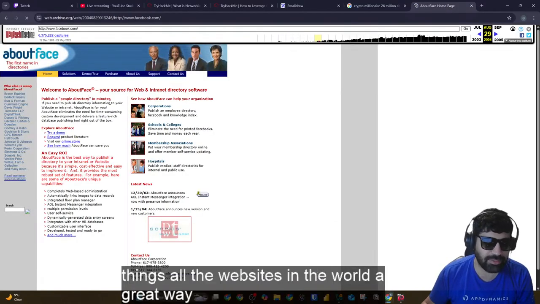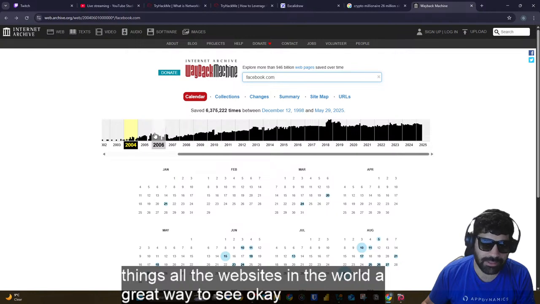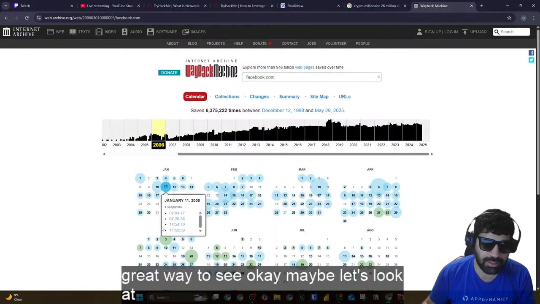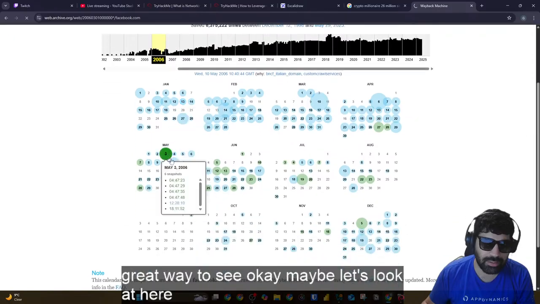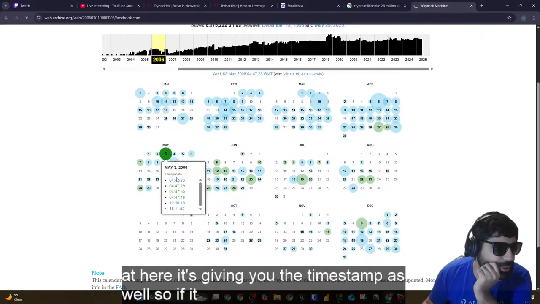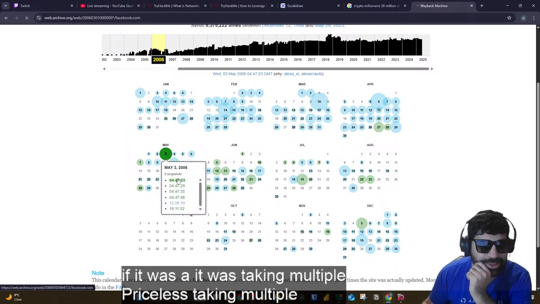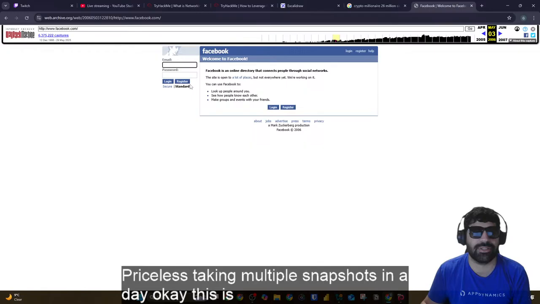A great way to see. Okay, maybe let's look here. It's giving you the timestamp as well, so it was taking multiple snapshots in a day. Okay, this is how Facebook used to look.